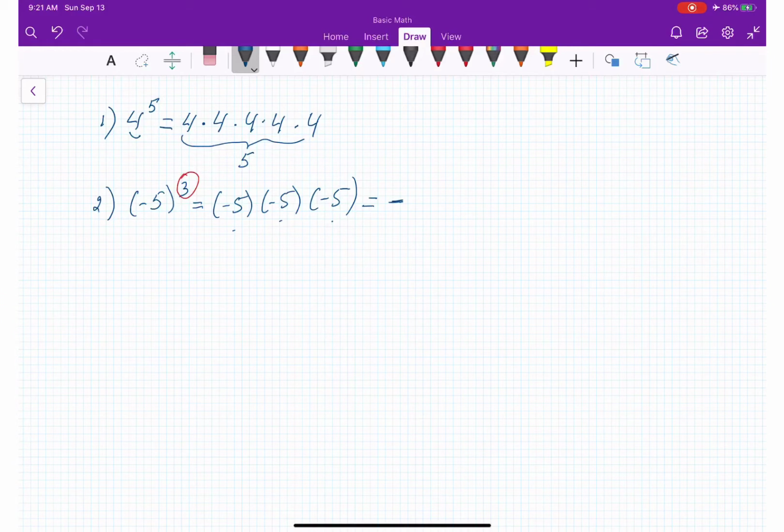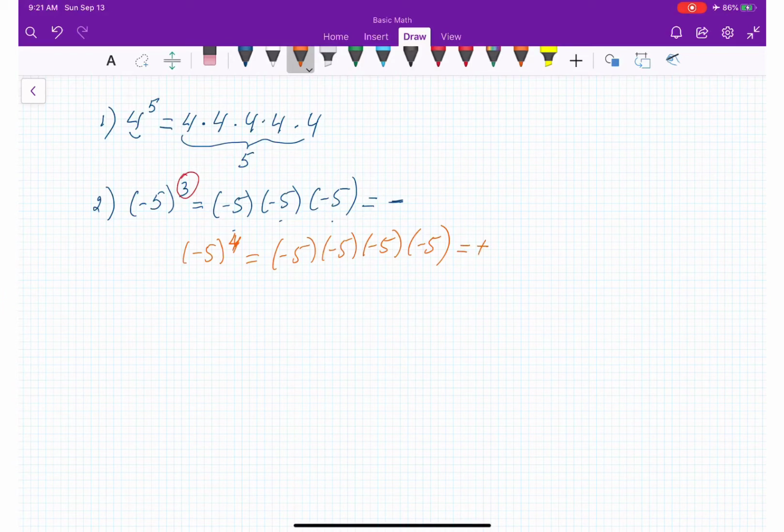Okay? If I would add, let's say, let me use another one, negative 5 to power 4, then it would be negative 5, negative 5, negative 5, negative 5. So, which means we have 4 of them, even power, then the result would be plus.